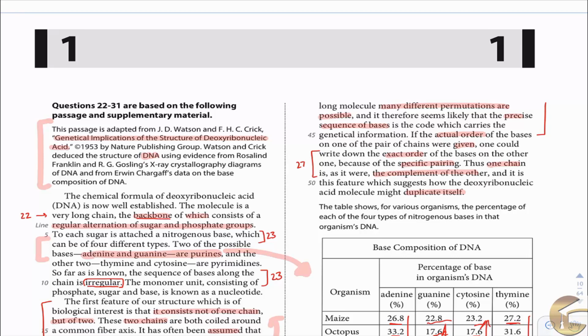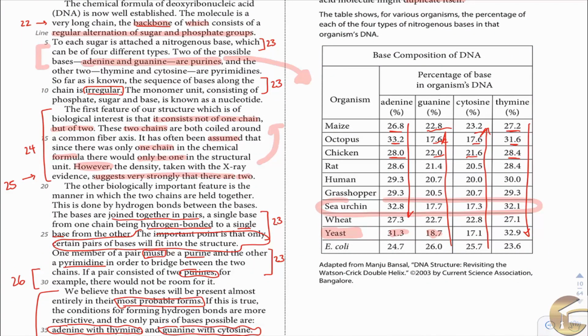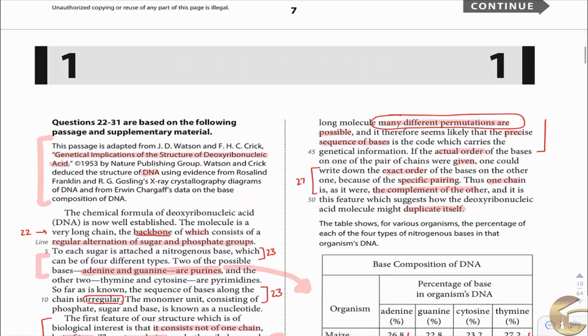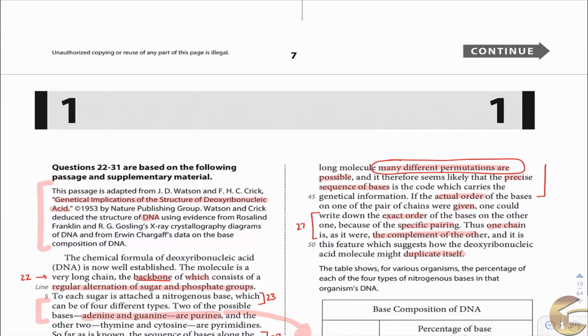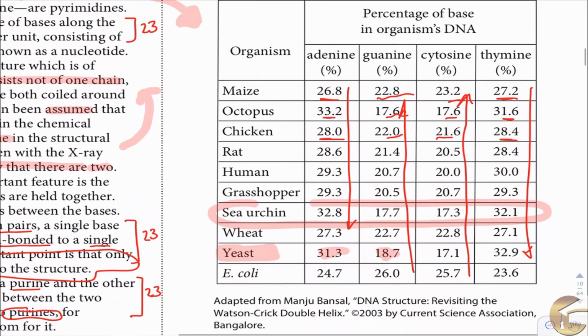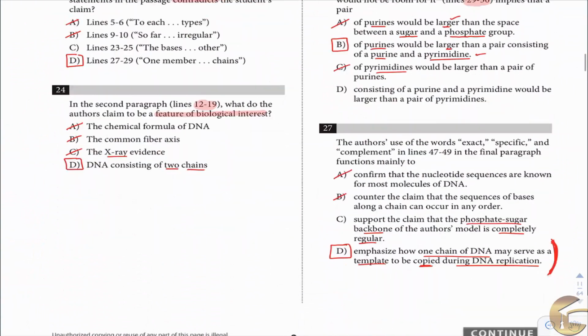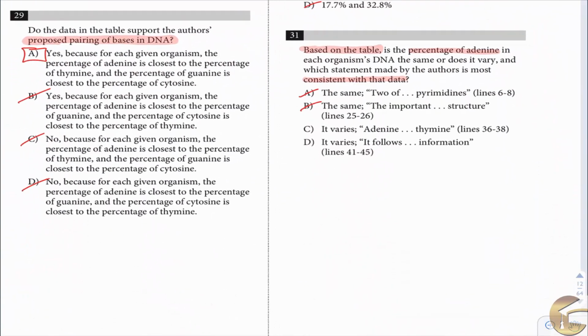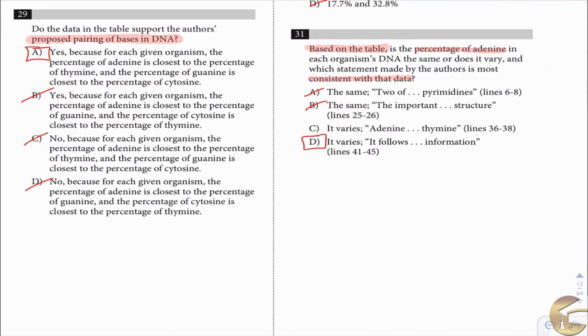So we want to find a statement that's consistent with that data where it says that it varies. Well, this answer choice is literally saying that there's a ton of different permutations. So that means each different organism is going to have probably different percentages. It's going to vary. So it is saying the same thing, that there are many different permutations, many different percentages that you could have. So it will vary, and it is matching what it's saying there. So in this case, D is going to be a much stronger, better answer for number 31.